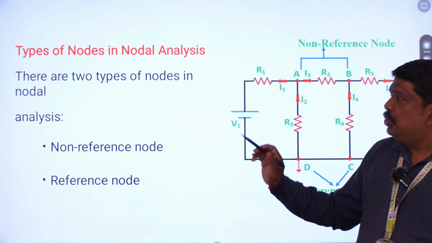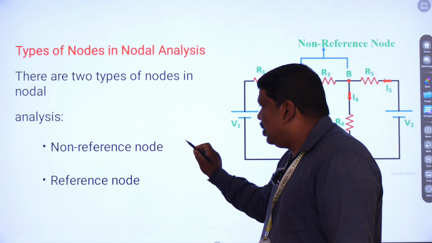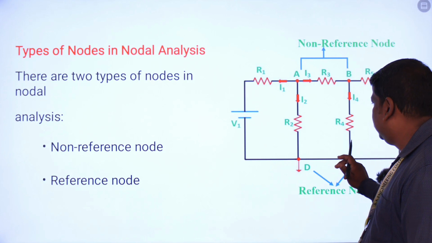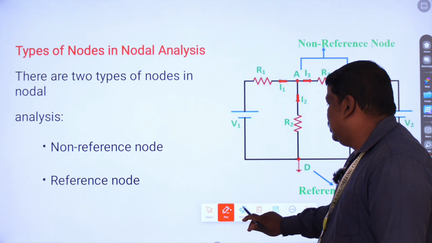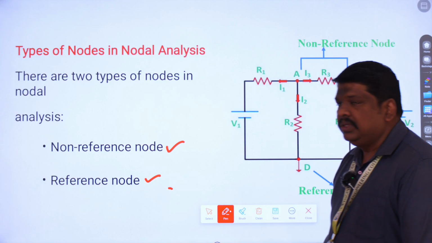Next, there are two types of nodes in nodal analysis. One is a non-reference node, and the other is a reference node.